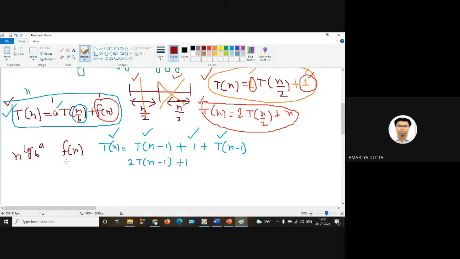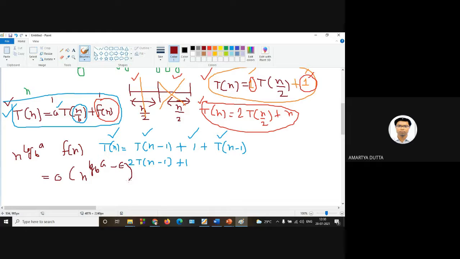If n to the power log b base a is greater than f(n), we can say that f(n) is equal to big O of n to the power (log b base a minus epsilon).